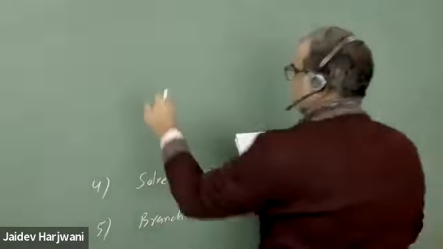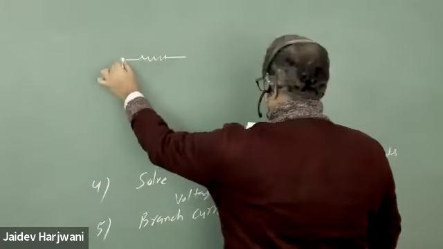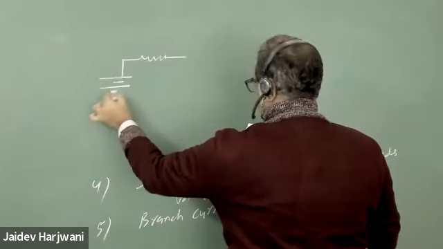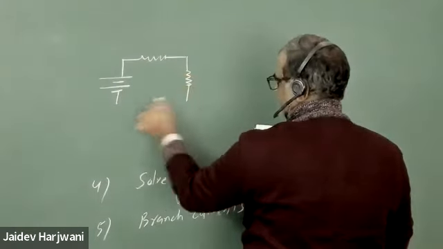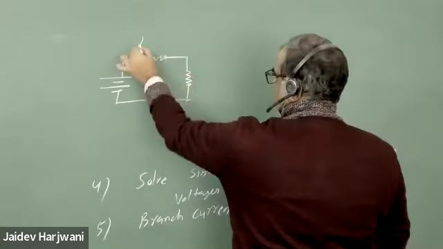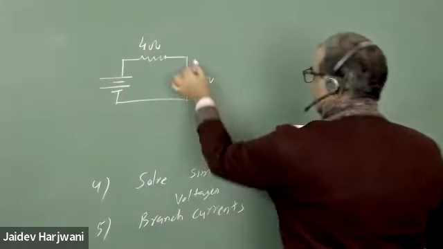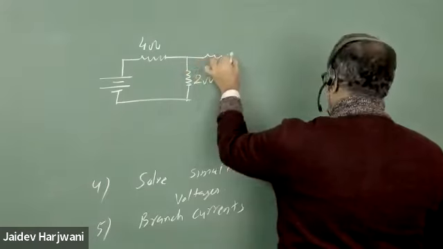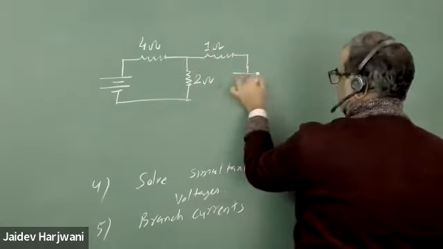So let us take a circuit. We have a resistance of 4 ohm. Here we have a resistance of 2 ohm, and here we have a resistance of say 1 ohm. Here we have a battery.